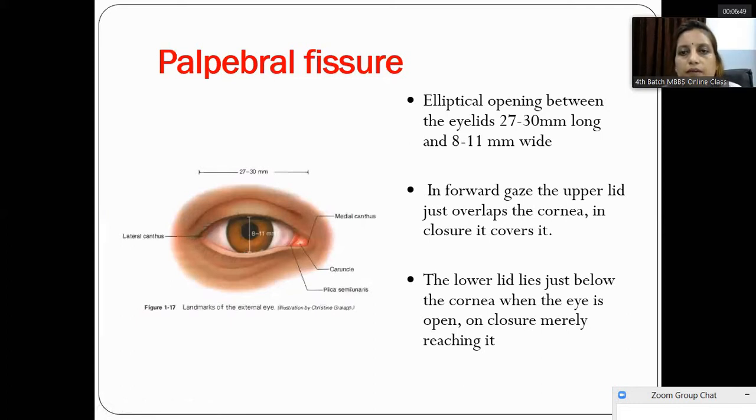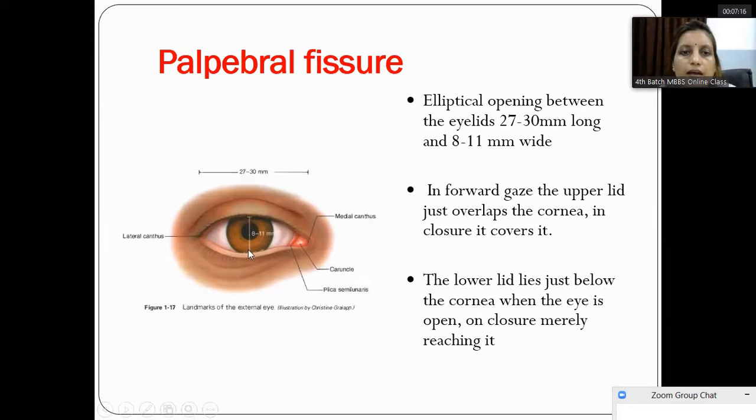In forward gaze, the upper eyelid just overlaps the cornea. It covers about 2 millimeter of the cornea. The corneal surface is seen here, and the scleral surface is not seen, as it is covered by the upper eyelid.